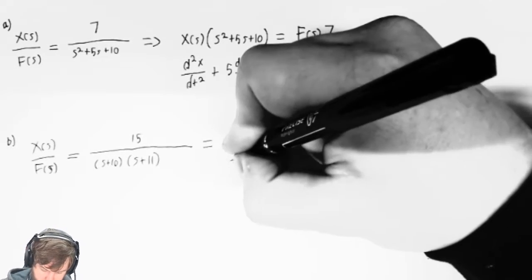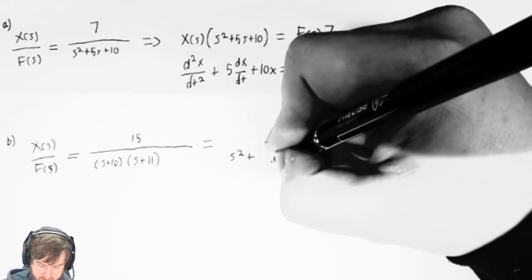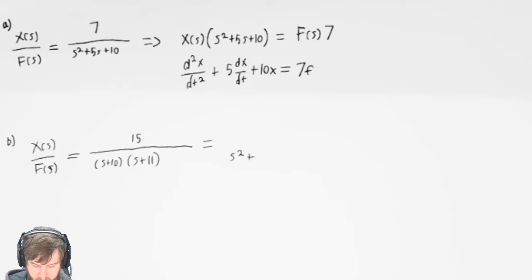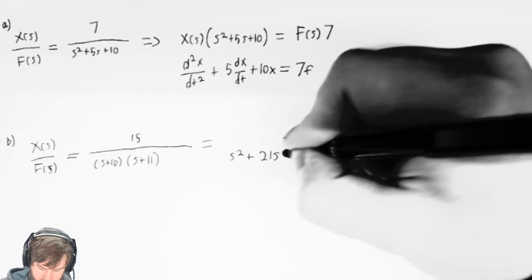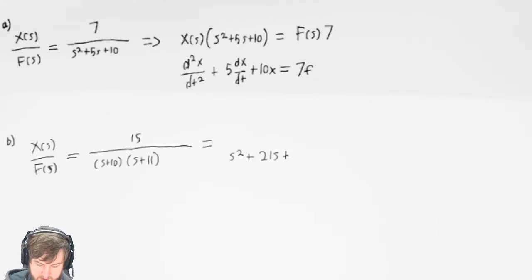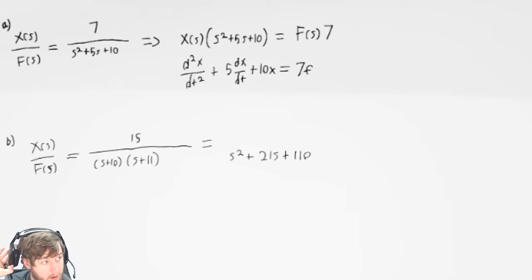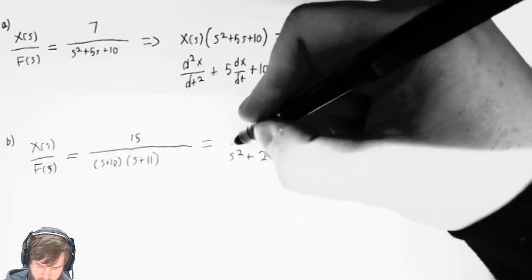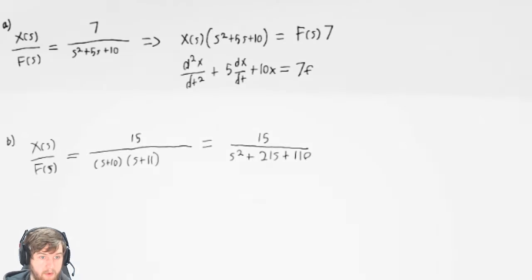So that would be s squared first plus, let's see, outer, inner, so it's going to be 21s plus 110. And then our top will still be 15. So did that right?